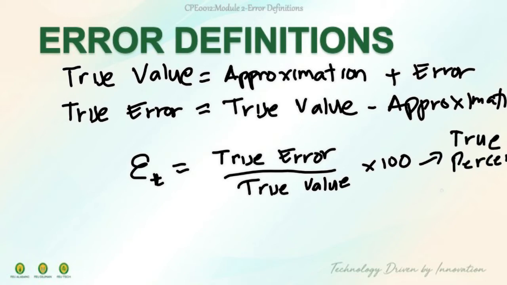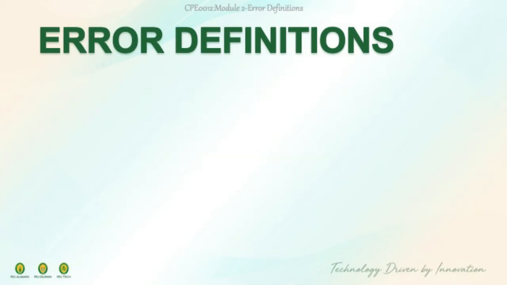Okay, now we can do the exact same thing for approximate error. So we say epsilon of a, the percent approximate error. Okay, so this is our approximate error.